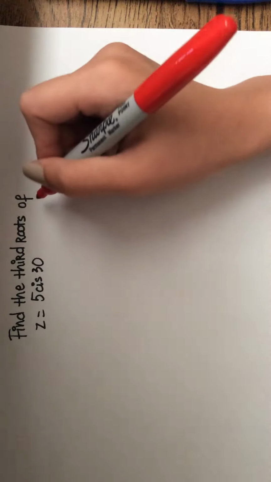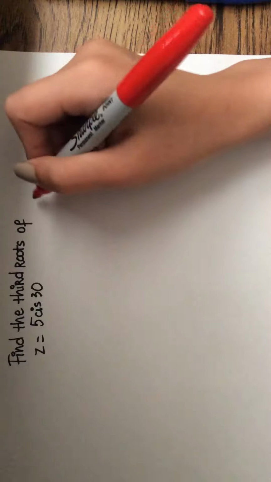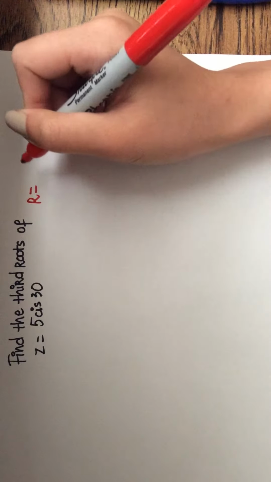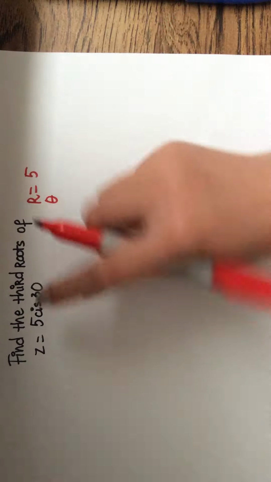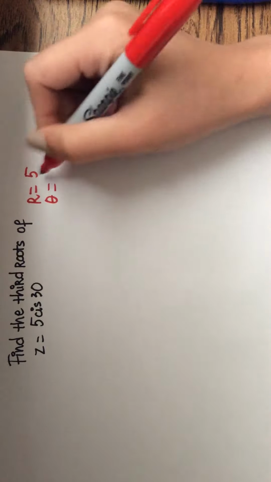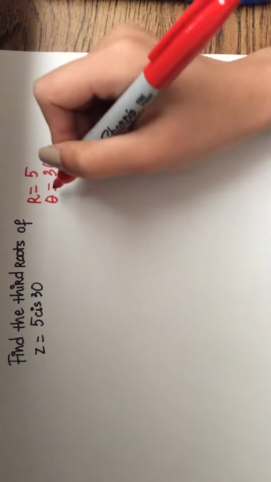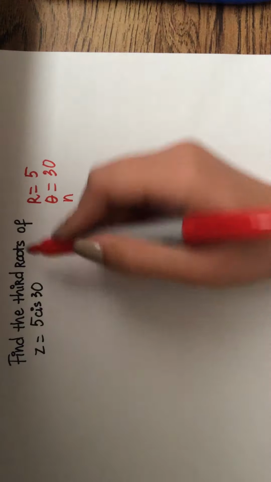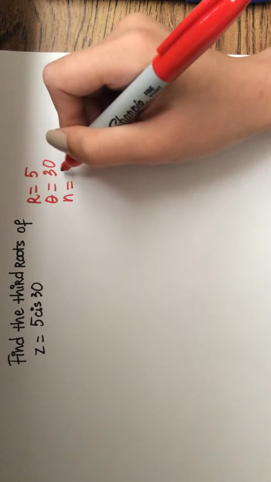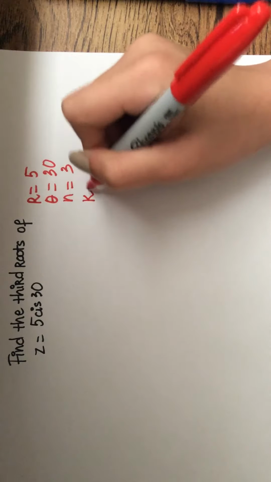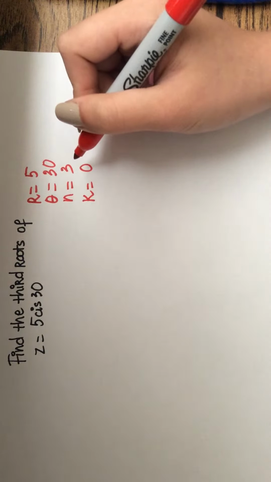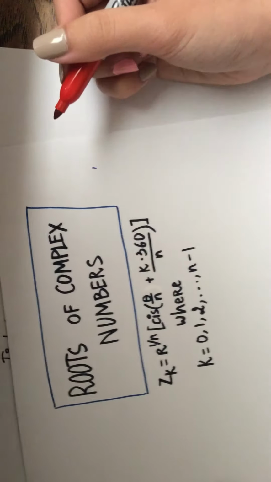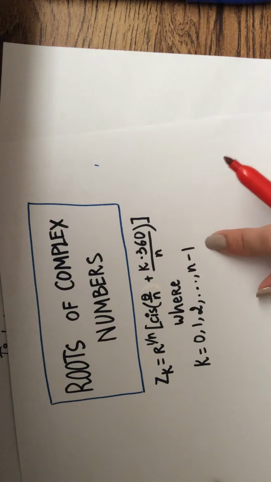So you have r equals 5, theta, which is right here, equals 30. Your n, since we need to find the third root, is going to be 3. And your k is going to be 0, because as you remember, your k right here, the original one, needs to be n minus 1.